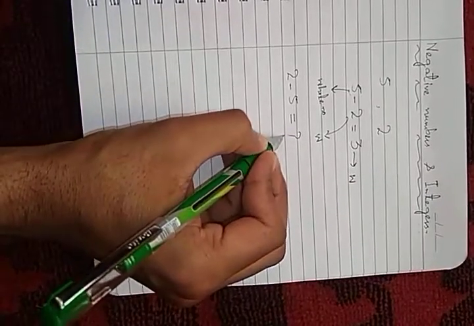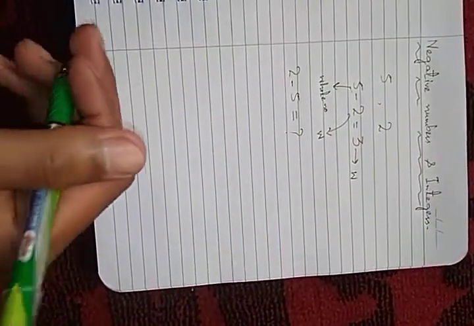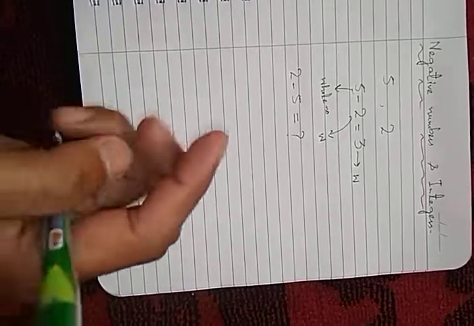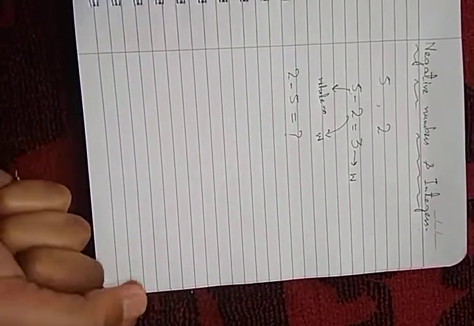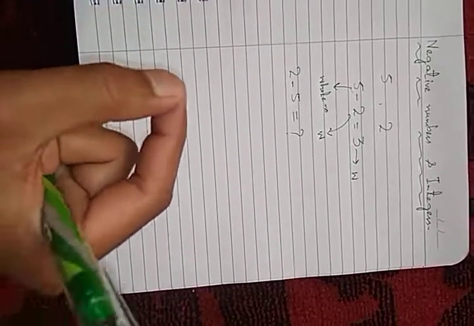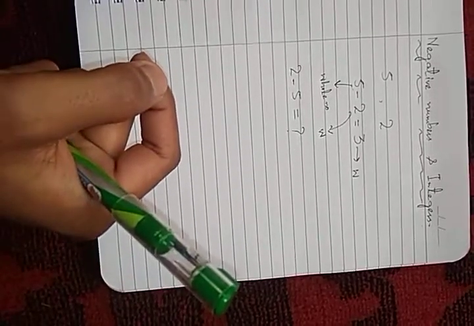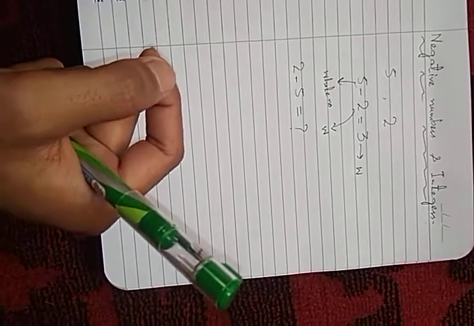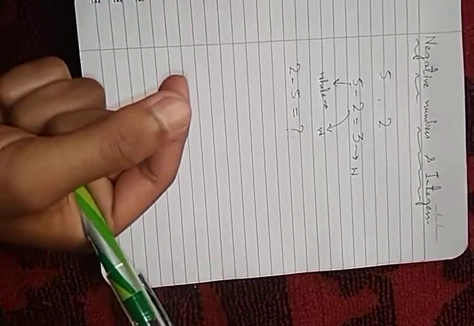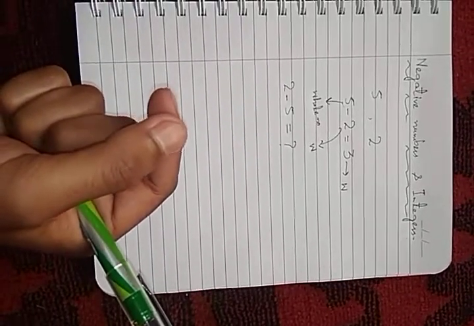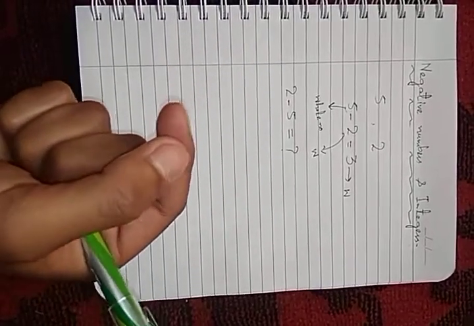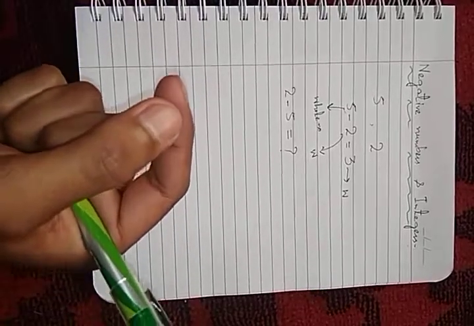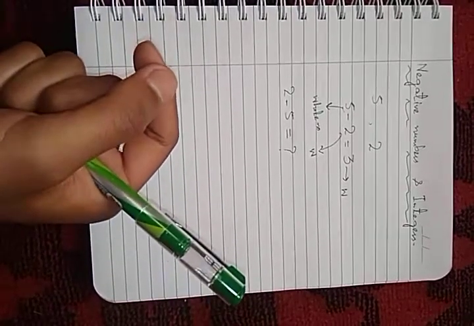What will be the answer of these questions? Whenever we subtract a larger whole number from the smaller one, we will not get a whole number back. So to solve these questions, we introduced a new number system, a new set of numbers.